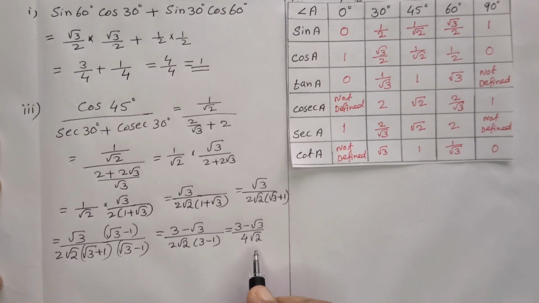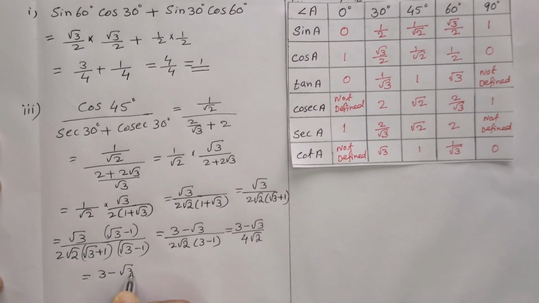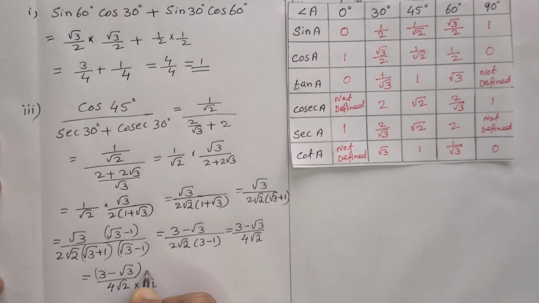Again in the denominator root 2 is there. So multiply the numerator and denominator with root 2 to rationalize this denominator. That means 3 minus root 3 by 4 root 2 into root 2, up and down.